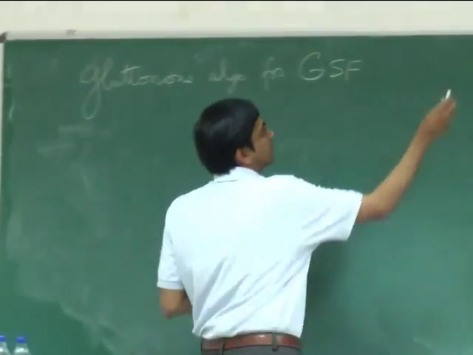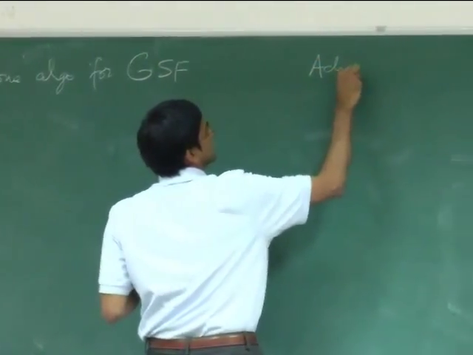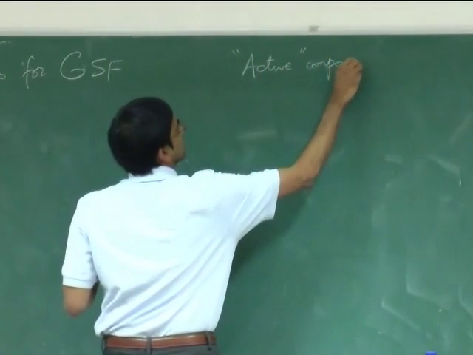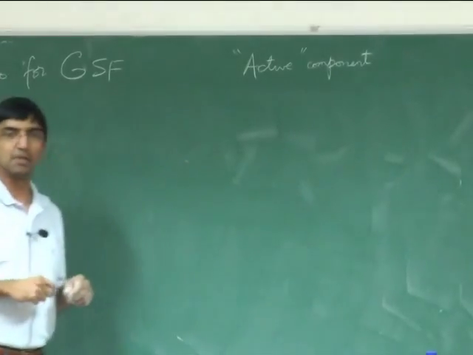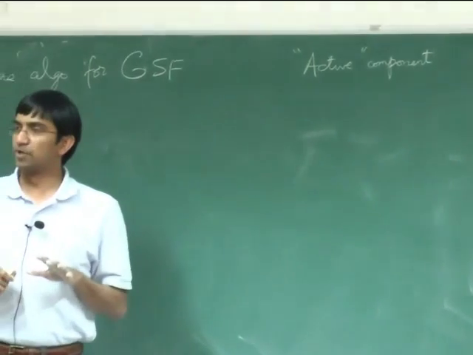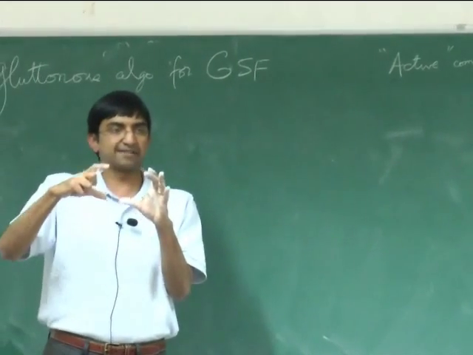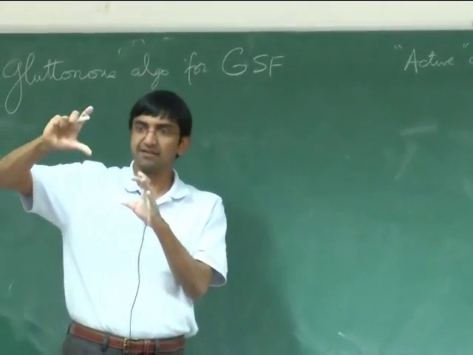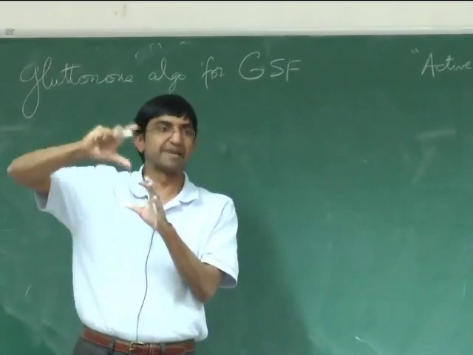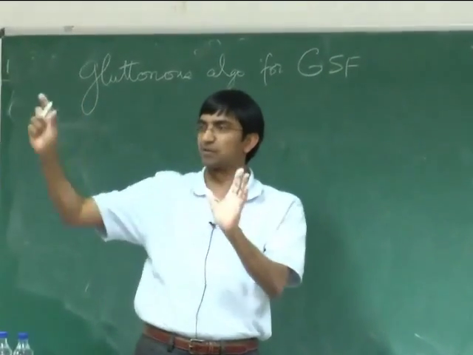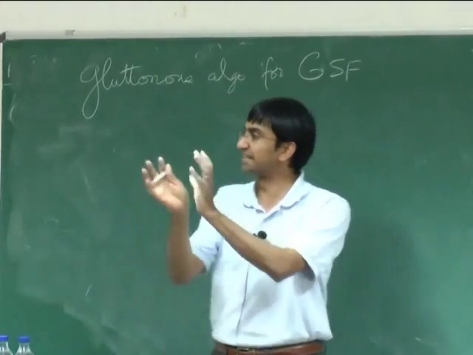Remember what an active component is. An active component is a set which has a pair which is missing its mate, so its intersection with S_i T_i for some i is exactly 1. That means it has an unconnected pair.